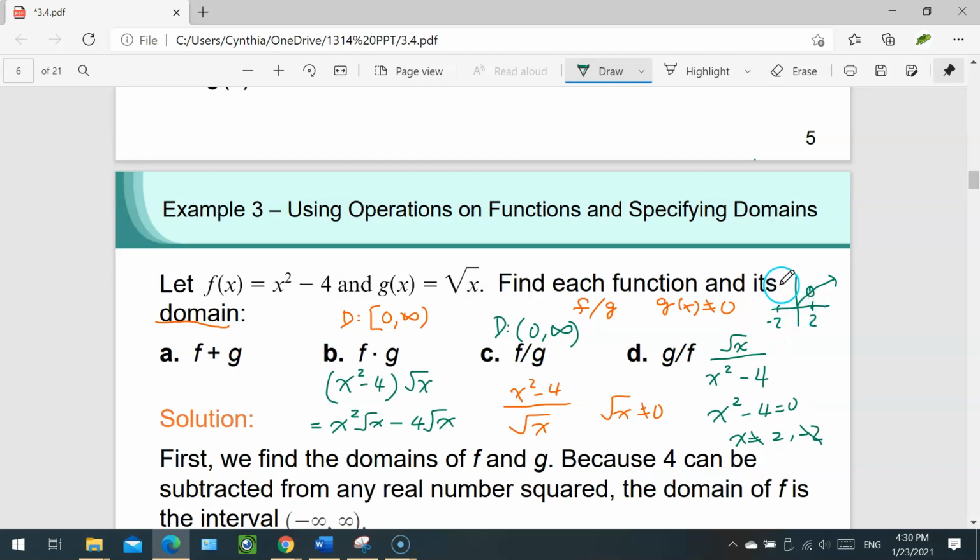So the domain of this function would be from bracket 0, go to infinity. But when the graph comes to 2, you have to leave that open. So put a union 2 to the infinity. Let me write down here one more time. The domain for part D will be bracket 0, comma 2, open, union, another open parenthesis, 2 to the infinity.